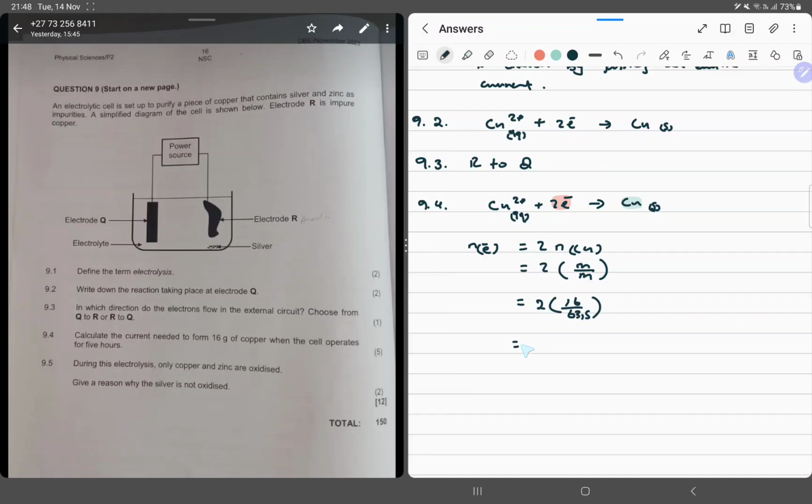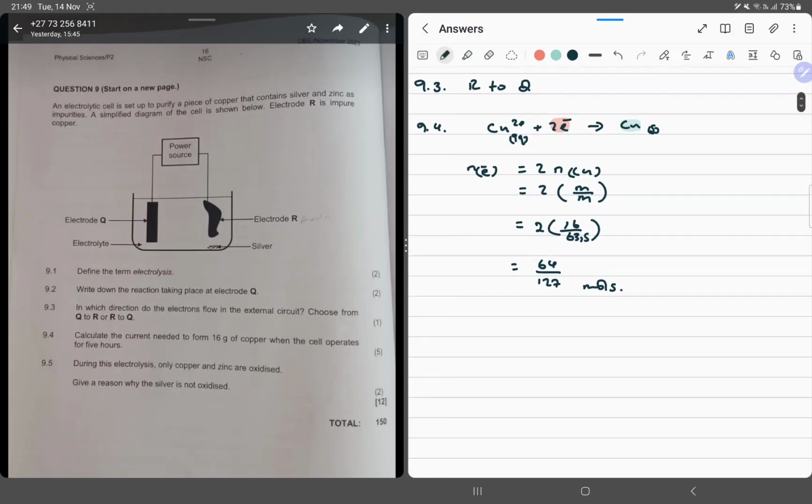So let's do this so that we don't waste too much time. 2 times 16 divided by 63.5. Sometimes I think it's best if you leave this like this. Sometimes rounding off is not safe. I'm getting 64 over 127 moles. Sometimes, to stay away from the necessity to round off, you leave it like that.